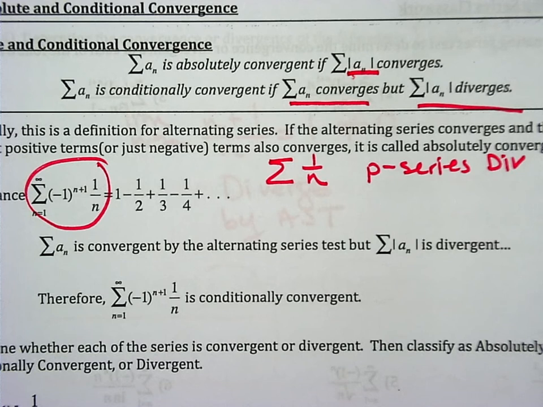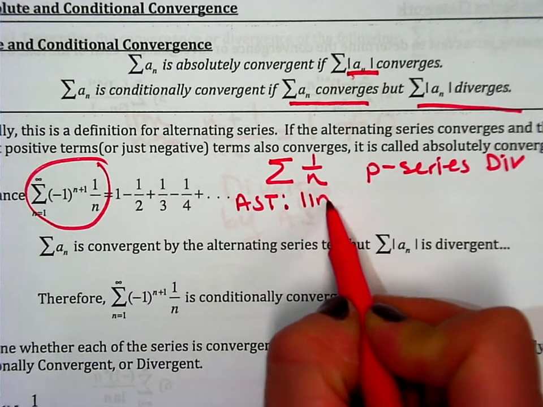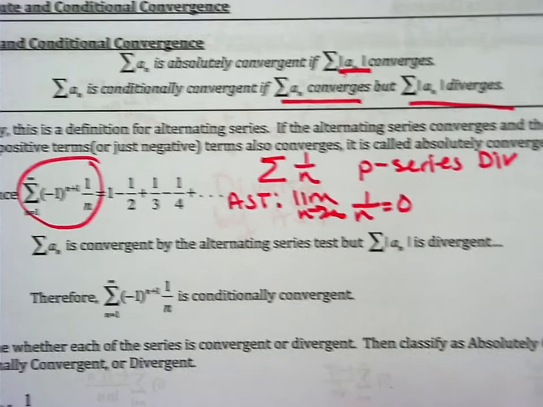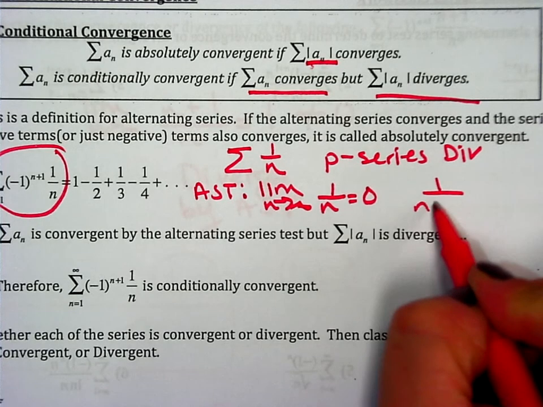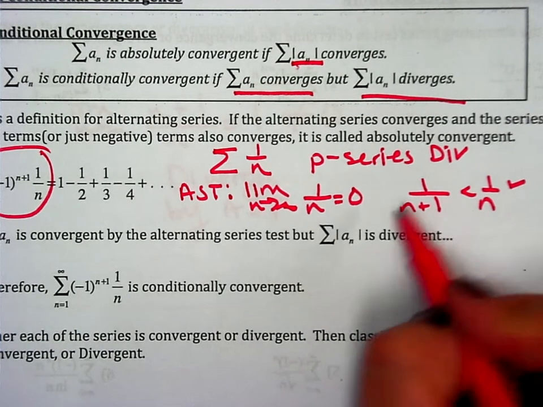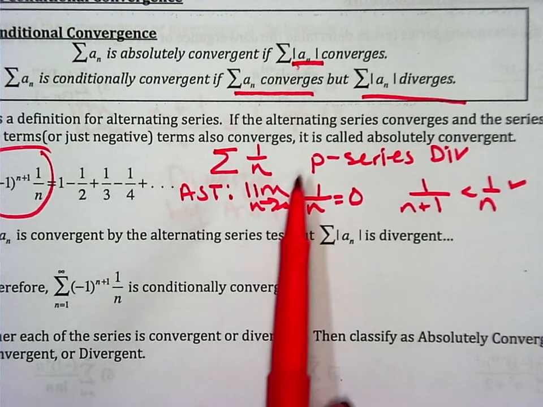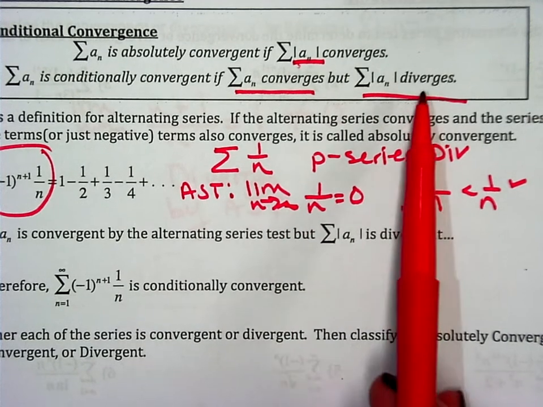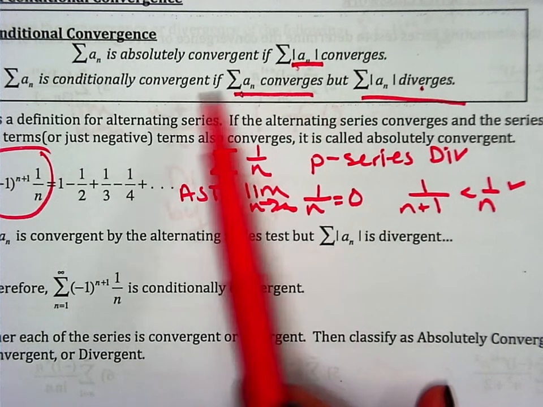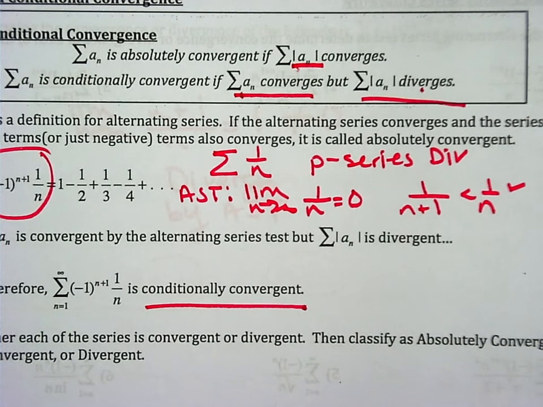So I'm going to use the alternating series test on the whole series. Is it true that the limit is equal to 0? Yes. And is it true that the n plus first term is less than the nth term? Yes. So I would say it converges by AST. So if the absolute value diverges, but the series converges, we call it conditionally convergent. That's the label that we put on this series.